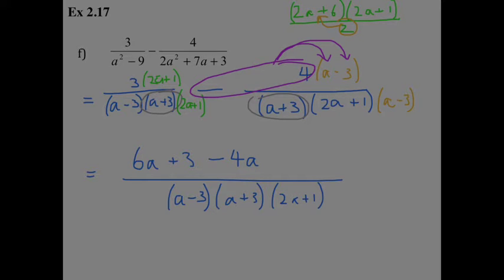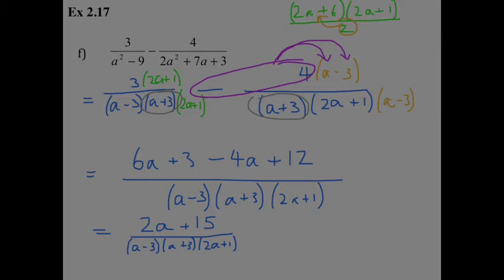Negative 4 times negative 3 gives positive 12. Now the 6a take the 4a gives 2a plus 15 all over my 3 brackets which don't change. And there's my answer.